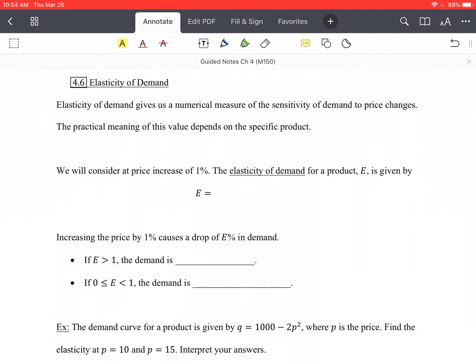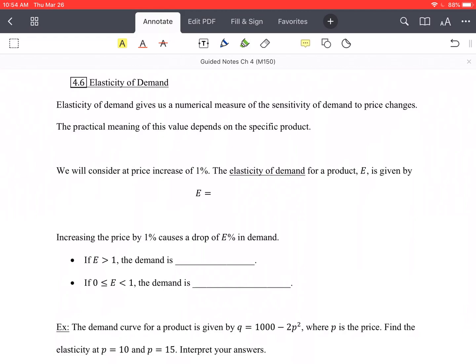So like for flat screen TVs, for example, if I am looking to buy a flat screen TV and I go to the store and I see there's one here for $1,000, right? And maybe I'm feeling inclined to buy that. I go the next time and its price has been increased to $1,500, right?